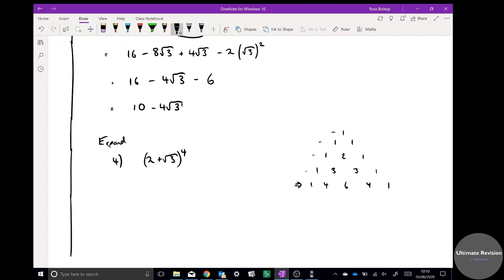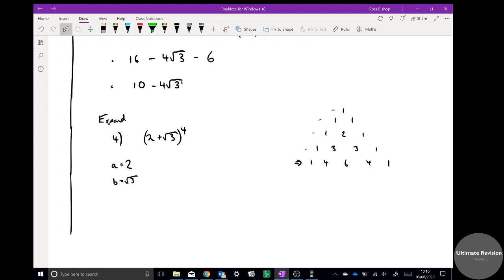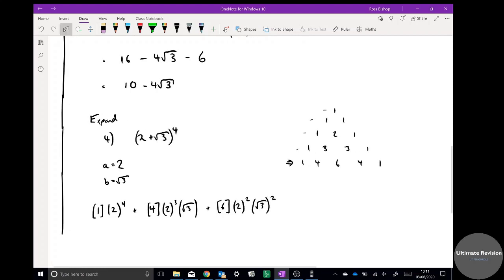Okay. So A is equal to 2, B is equal to root 3, and hopefully you're becoming a bit more expert at this. So the first term, 1 from Pascal's triangle, A to the power of 4, 2 to the power of 4. The second term, 4 from Pascal's triangle, A to the power of 3, 2 cubed, and then B. Third term, 6 from Pascal's triangle, 2 squared, root 3 squared.